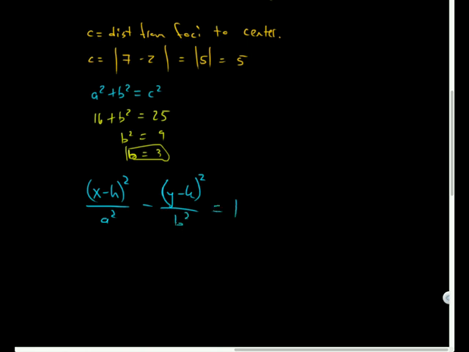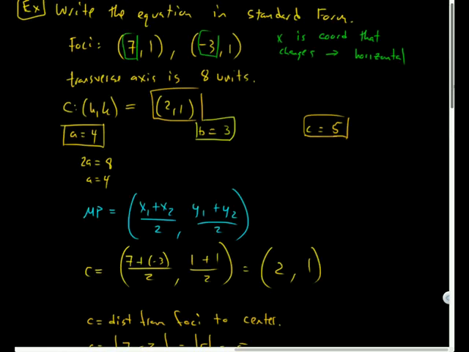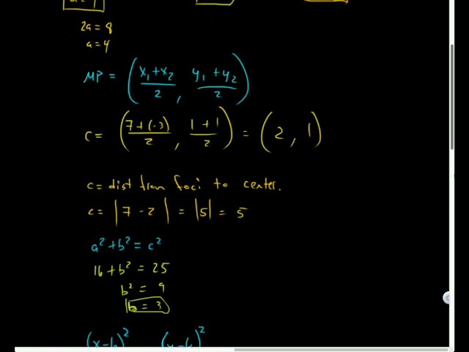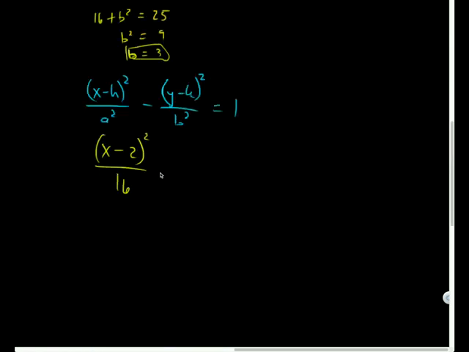So let's plug in what we know. x minus, h was 2. a was 4, so plug in 4. 4 squared is 16.